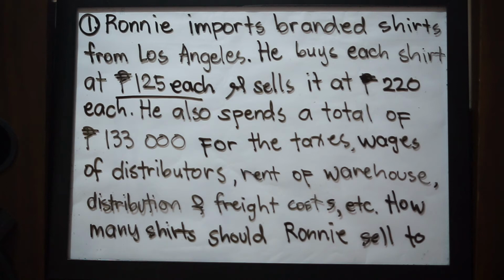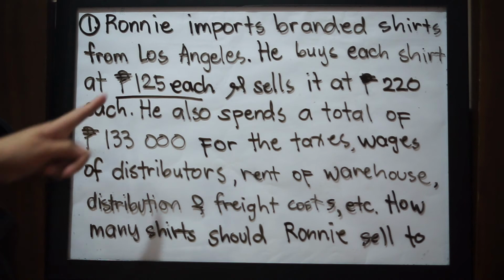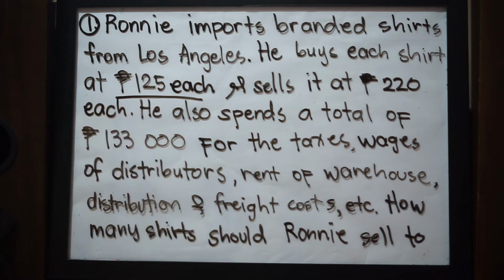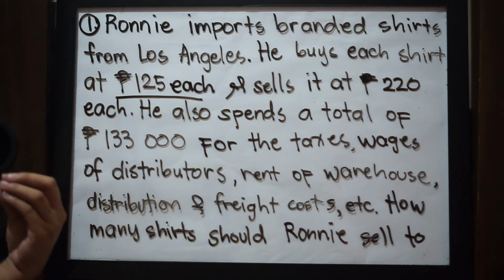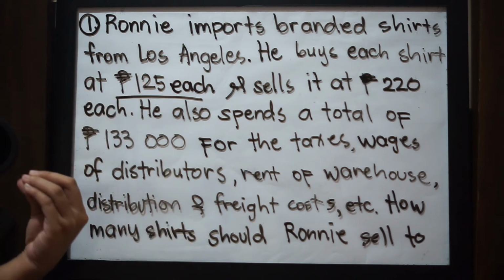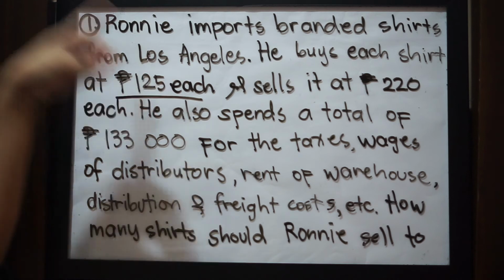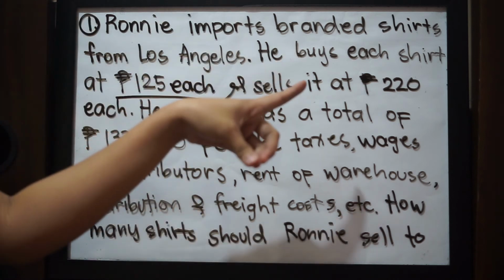Sige, isip muna kayo. 1, 2, 3. Okay. So, kung ang iniisip ay fixed cost yung 125 pesos, hindi po. Bakit hindi fixed cost yung 125 pesos? Kasi yung shirt, yun yung product niya. So, ibig sabihin, itong 125 pesos nakadepende dun sa product.